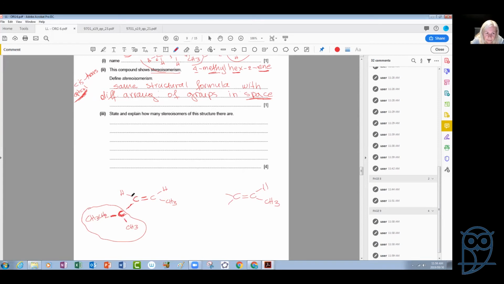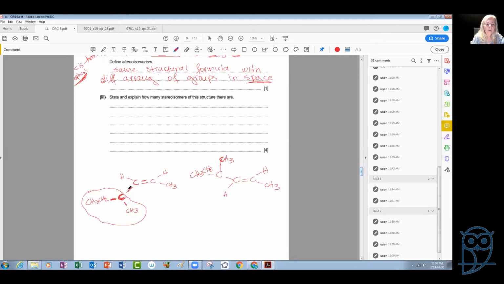If this hydrogen was at the bottom and this was at the top, these two now are not the same. They are isomers. So we have two isomers, a cis and a trans actually, because of the position of this constituent here. And we also have two optical isomers in addition to those two.